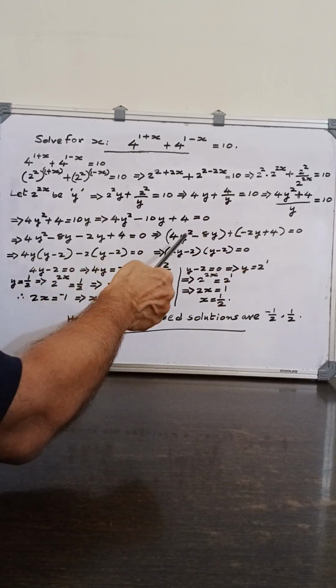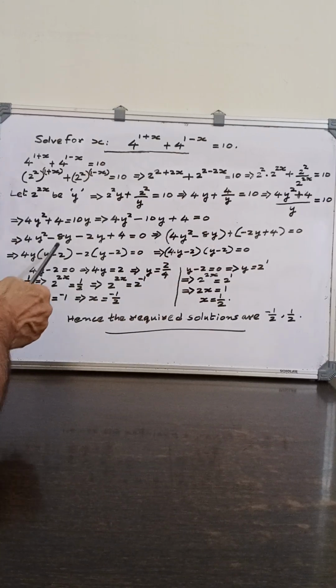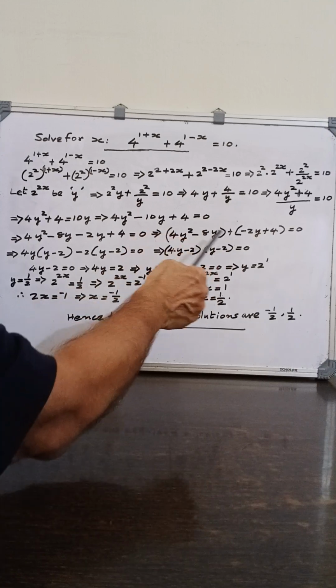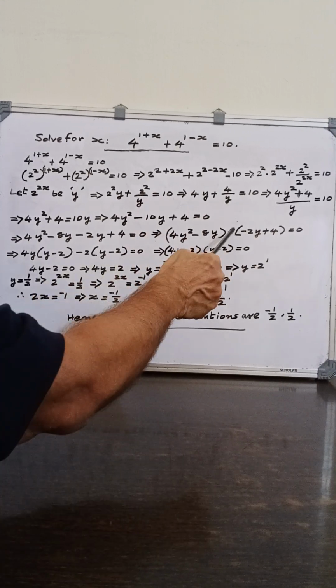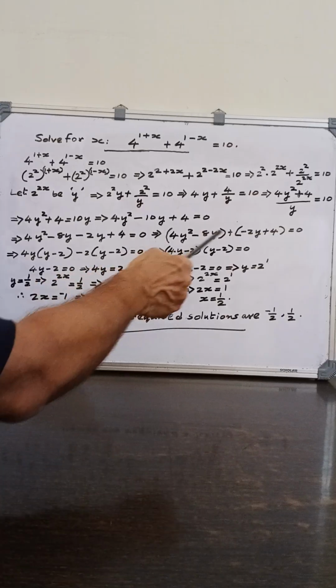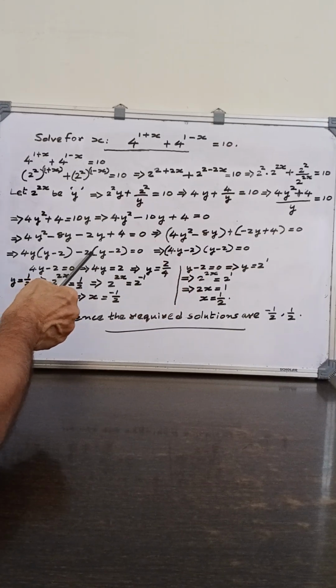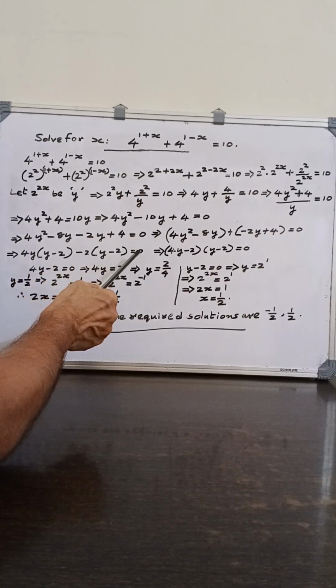Grouping the terms like this. Then taking the common factor, 4y into y minus 2, plus 2 minus 2 into y minus 2. Minus 2 is taken out. Therefore, this plus vanishes and minus 2 I have taken common.